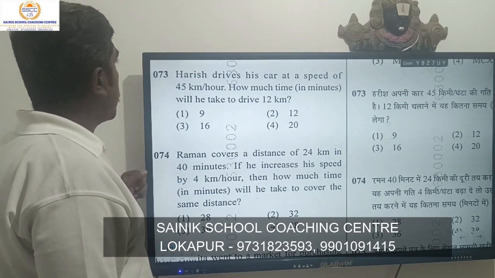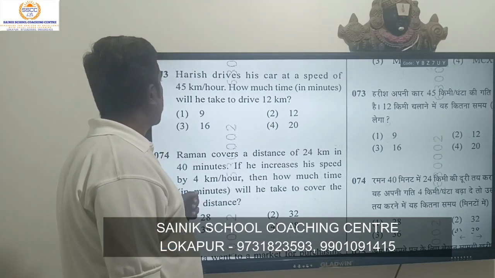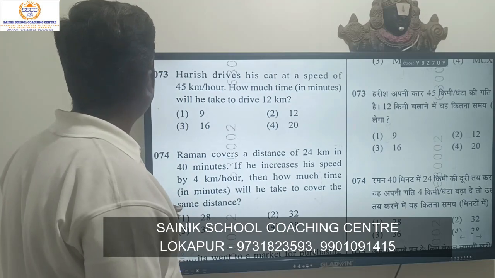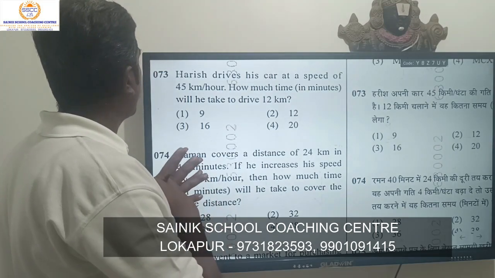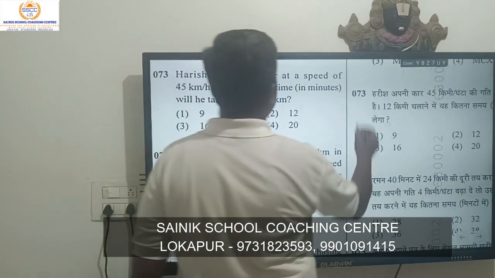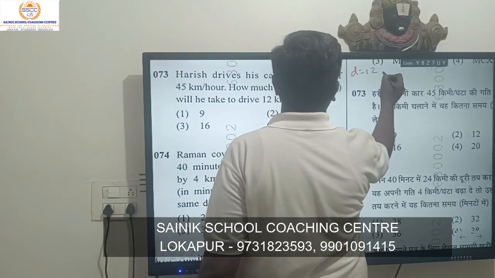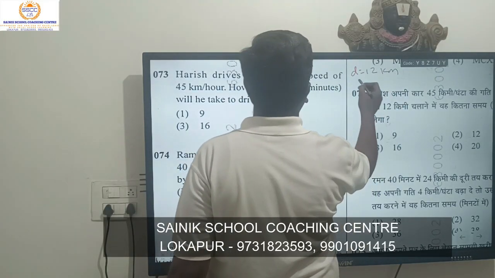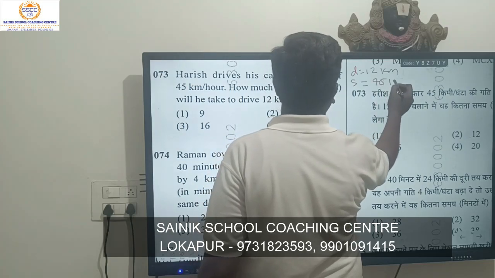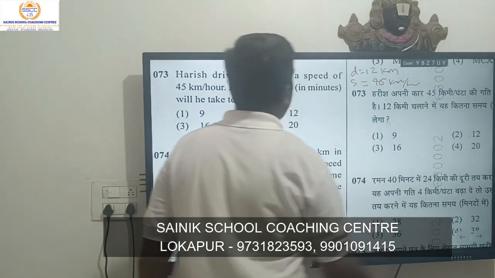Harish drives a car at a speed of 45 km per hour. How much time in minutes will he take to drive 12 kilometers? Distance is equal to 12 kilometers. Speed is 45 kilometers per hour.